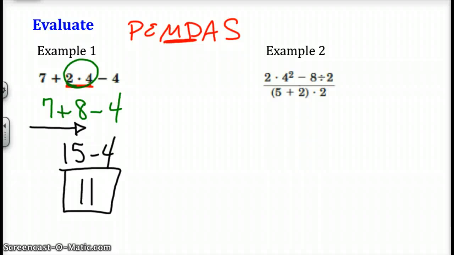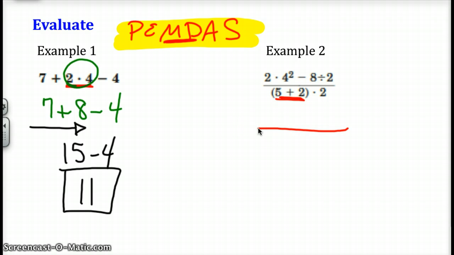Okay, let's take a look at example number 2. Again, this is a great visual for me. I have that at the top of my paper, so I can be looking at that. I'm looking for my parentheses. Here are my parentheses. So 5 plus 2 is 7 times 2.